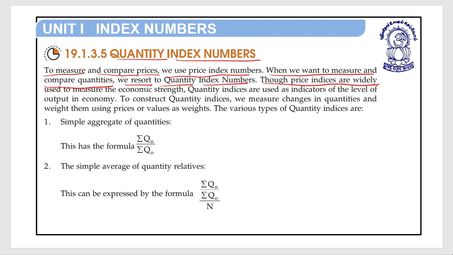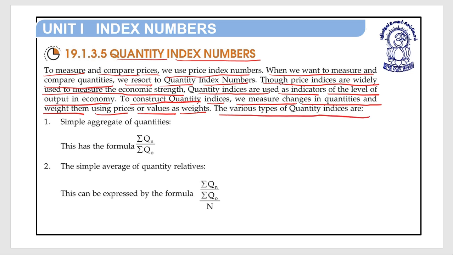Though price indices are widely used to measure the economic strength, quantity indices are used as indicators of the level of output in economy. To construct quantity indices, we measure change in the quantities and weight them using prices or values as weights. The various types of quantity indices are: first, simple aggregate of quantities.